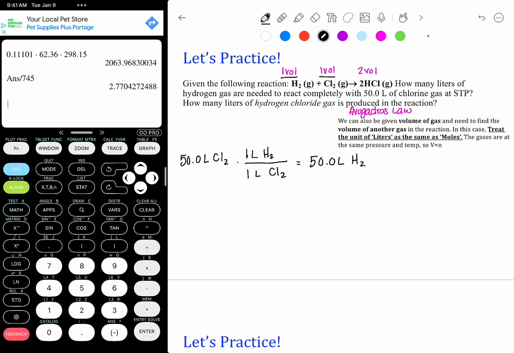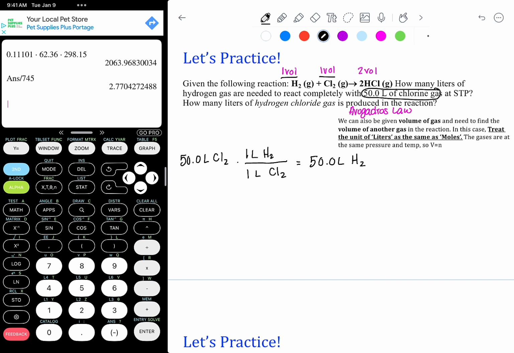You would just start off the problem, instead of converting mass to moles, you would use the liters that you start with, liters of chlorine gas, plug that into PV equals nRT, get out moles of chlorine gas, use your mole-to-mole ratio to convert to hydrogen gas, then use that moles to plug back into PV equals nRT.